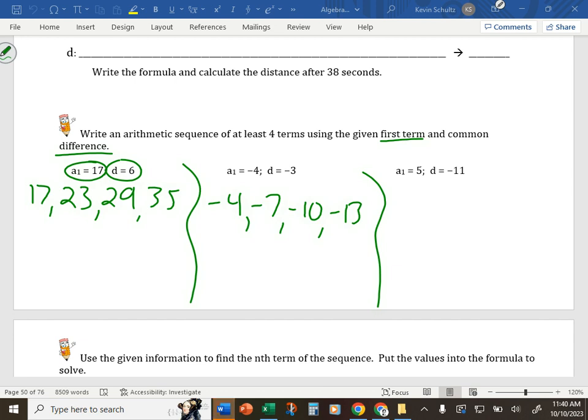Okay? Write the first 4 terms in an arithmetic sequence with the given information.